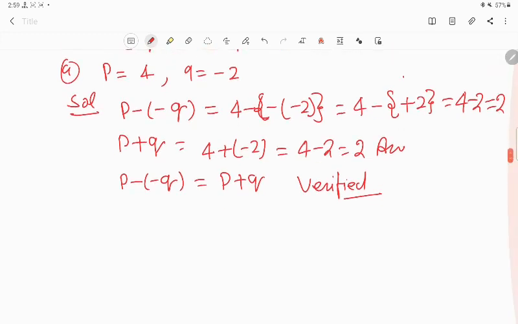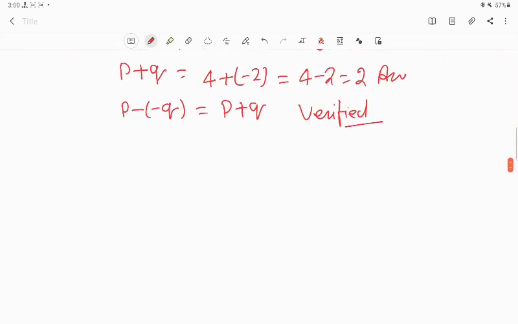Similarly, we can verify for the other questions. The other values of P and Q, part B: P is equal to 3 and Q is equal to 11.